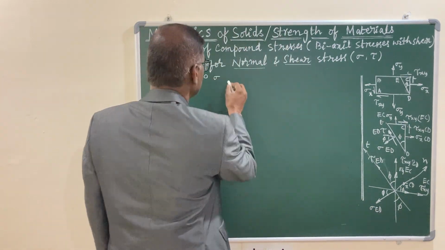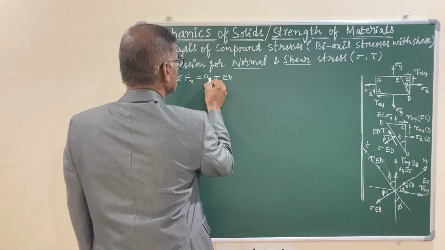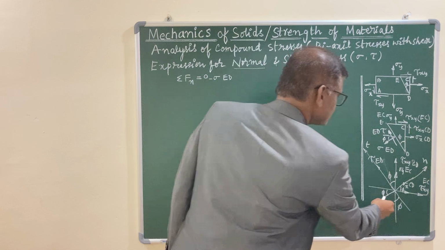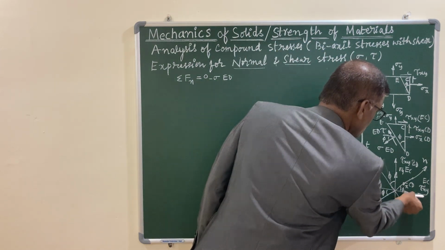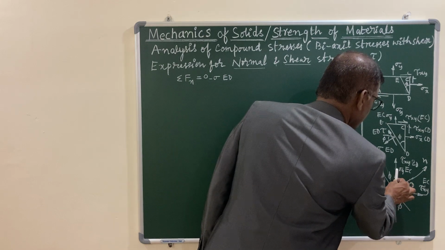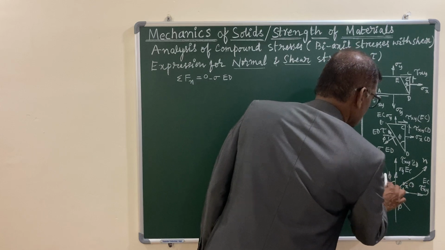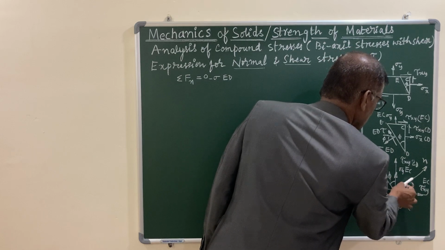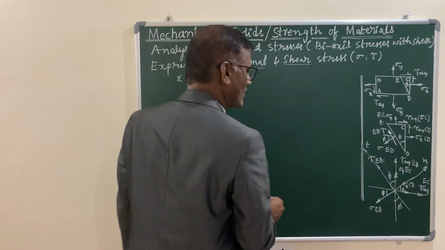Sigma into ED, which is pointing in the negative direction. Let me write it as minus. And let us look at the component of these two forces along this, and the component of this along this. Tau also becomes 0, and you have 2 and 2. So 1, 2, 3 forces. These components let us write down.